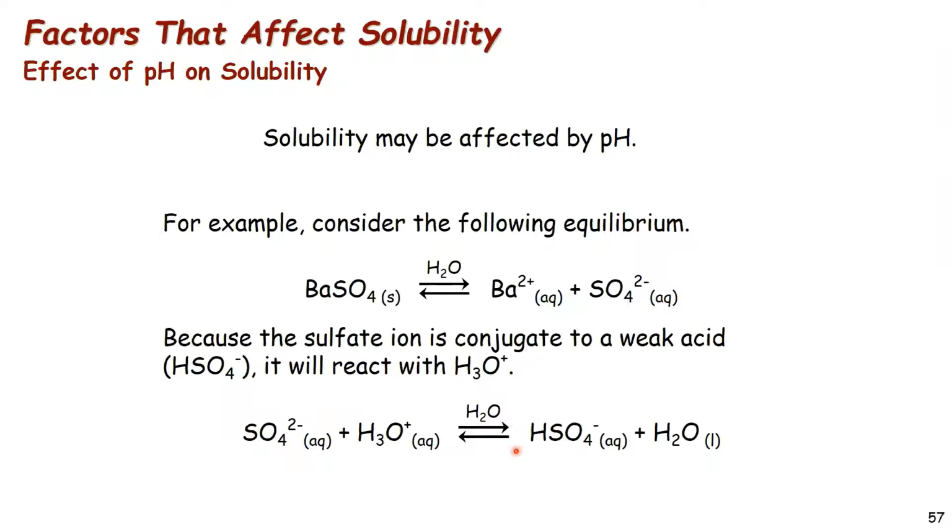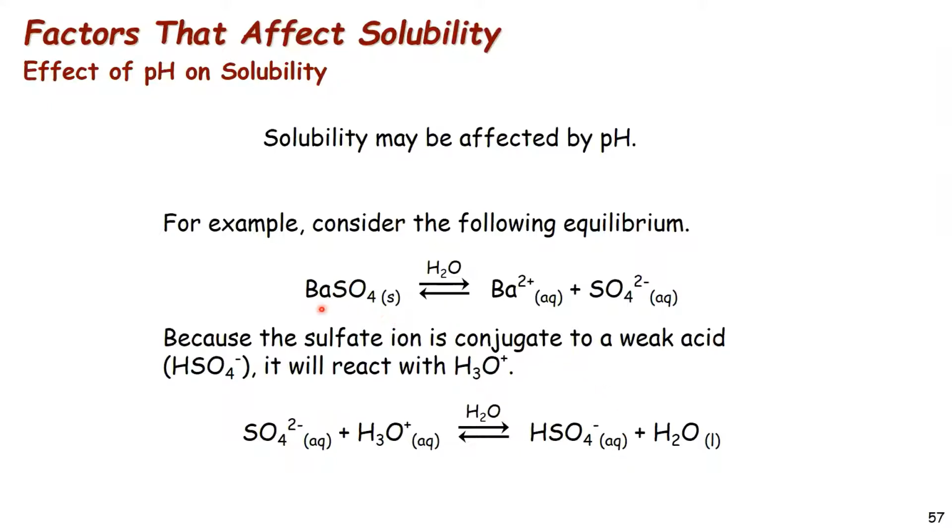Well, hydrogen sulfate is not sulfate. So as we remove the sulfate as hydrogen sulfate, the salt is going to dissociate more to try to replace the sulfate that I removed as hydrogen sulfate.